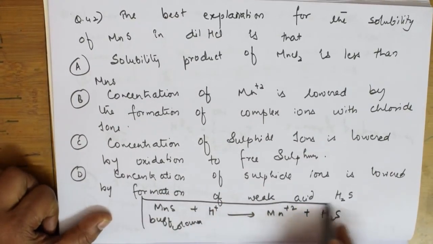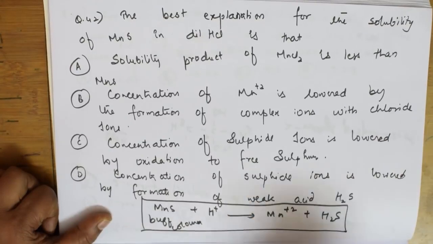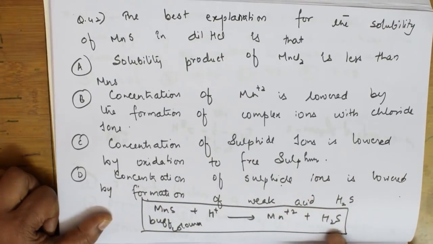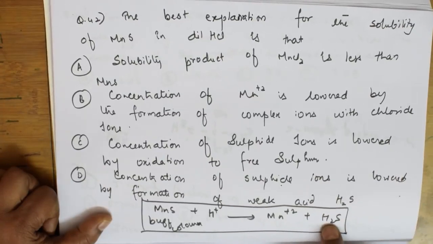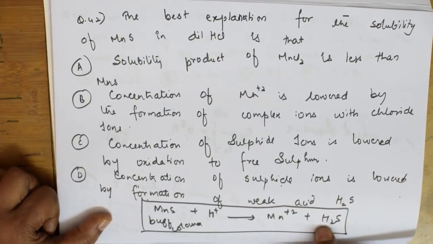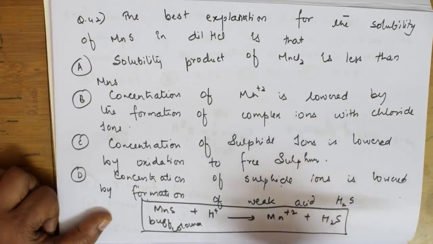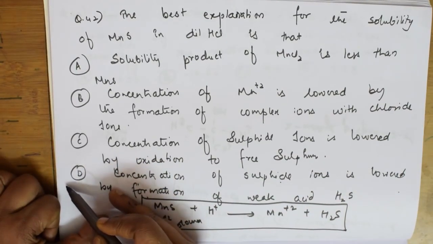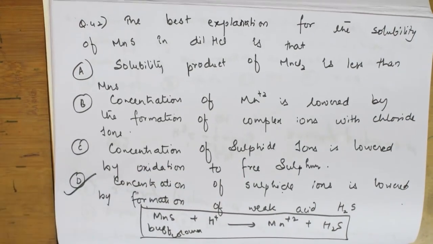After writing this, let us go back and analyze. Concentration of sulfide ions is lowered by the formation of a weak acid H2S. According to this, H2S is formed. This is a weak acid, and because of this, sulfide ion concentration is reduced. So the best explanation for solubility of MnS in HCl is D. Option D. Let's do the next question.